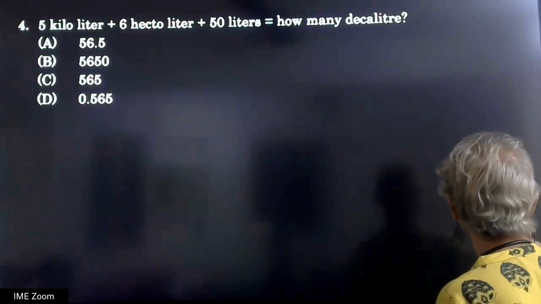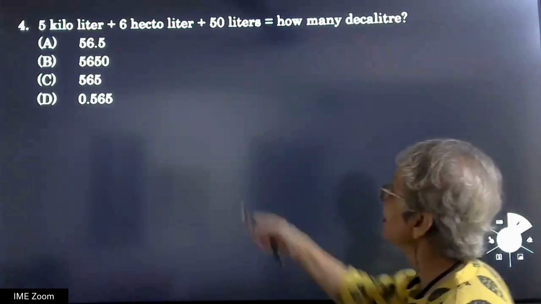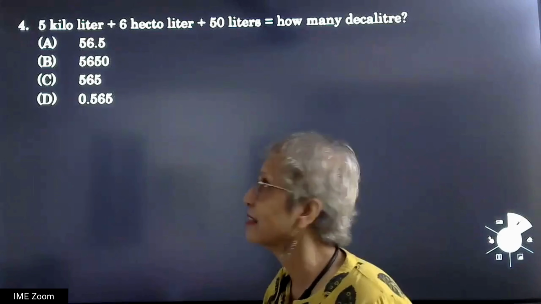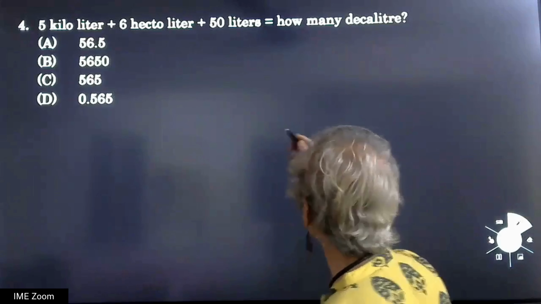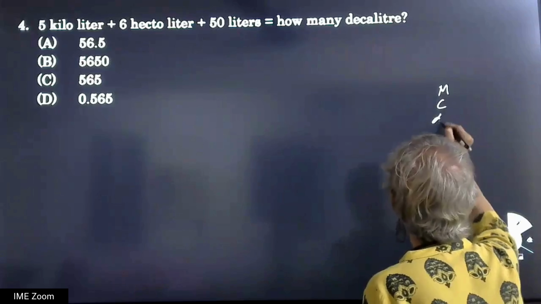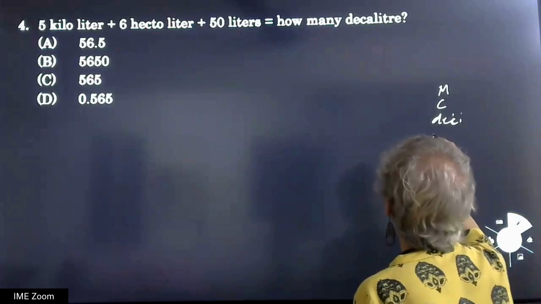Yes, again same conversion. Kiloliter, hectoliter, liter and decaliter. Some I will write here: milli, centi, deci. Then this is liter.